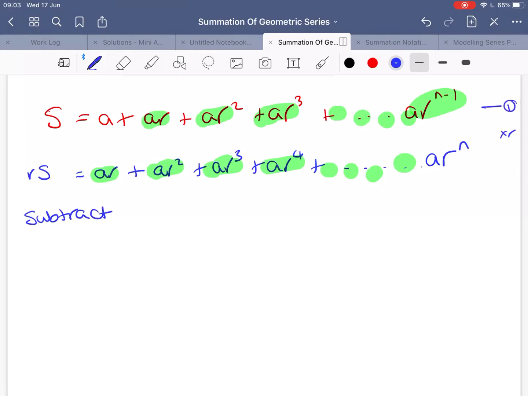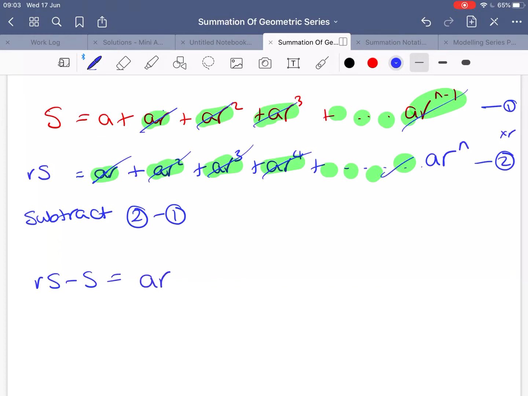If I call this equation 1 and this equation 2, I do equation 2 take away equation 1. So on the left hand side, I've got RS take away S is equal to, and if I do this take away this, they go, they go, they go, all of these go, and all I'm left with is AR to the power N minus A, and that's it, because all I had left was this take away this. And this is really nice.